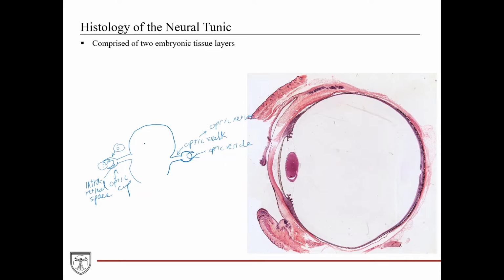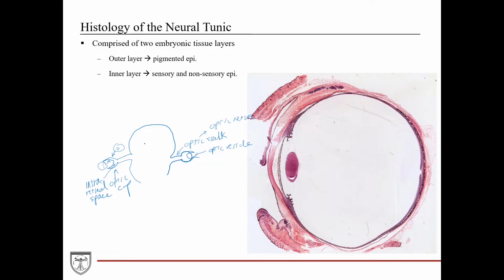And as the inner optic cup layer grows thicker, the intraretinal space will eventually disappear. So the outer layer of this optic cup becomes the pigmented epithelium as cells in this layer start to accumulate pigments within its cytoplasm. And the inner optic cup layer will eventually give rise to the sensory and non-sensory epithelium of the neural tunic.